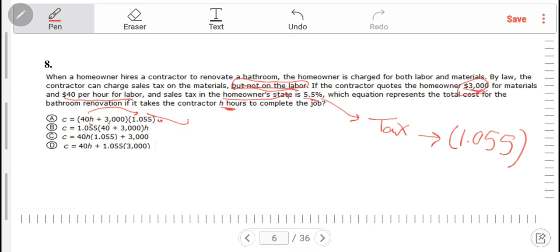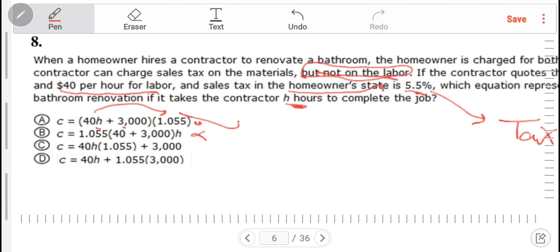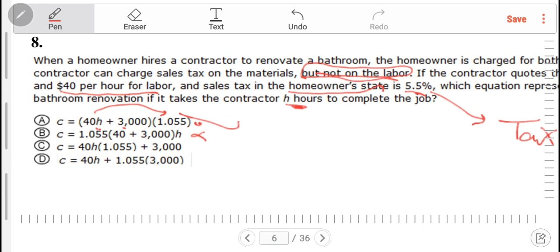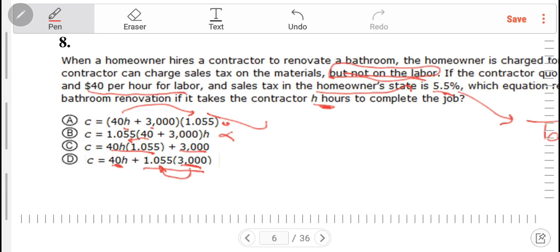Here, very easy. Wrong, 100%. Here, vice versa, he multiplied the tax with the labor. I think here it is 3,000 for the material, including tax, plus $40 per hour, where the number of hours is H.